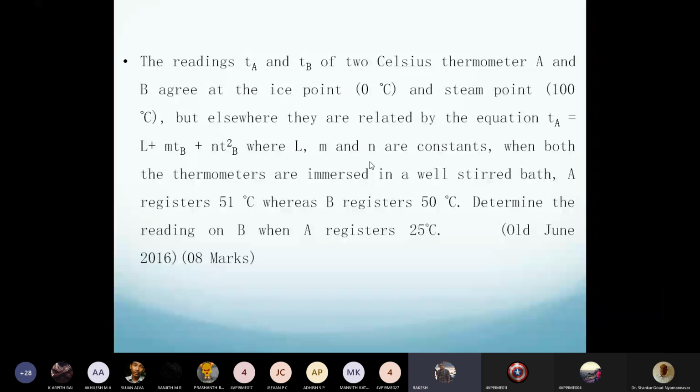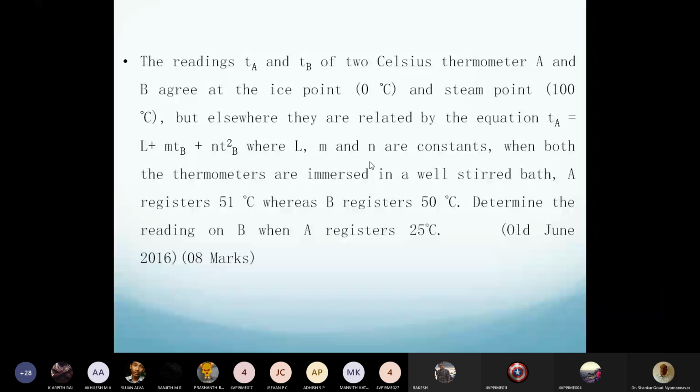But in the third equation it is not 100n, it is 50n. 50 minus 100 is minus 50, right? Okay, there are different ways of doing it. Just listen to me. n will be equal to minus 1 by 50 square, correct? Then what do you do?